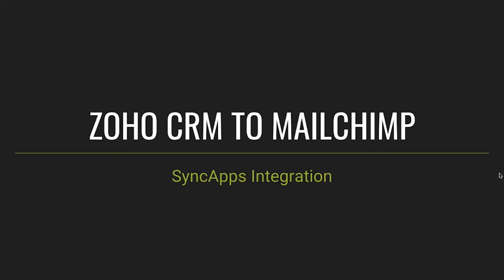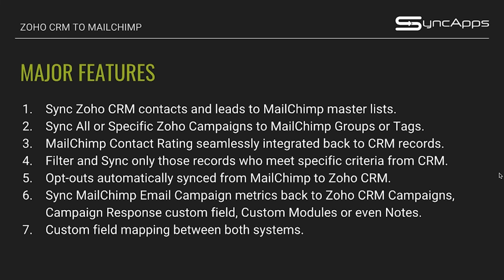So firstly, we have Zoho CRM to Mailchimp. What are the major features of this integration? You can sync all of your Zoho CRM contacts and leads to your Mailchimp master lists. You can even sync specific Zoho CRM campaigns to different Mailchimp groups or even tags.